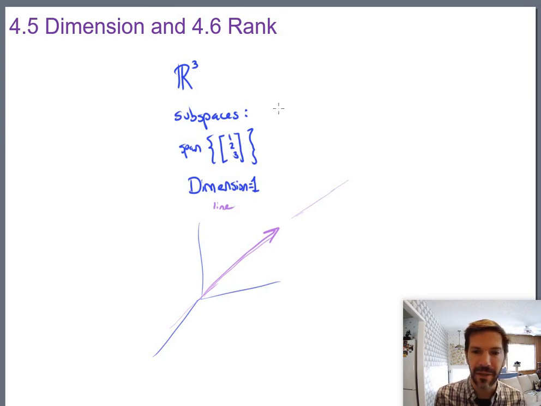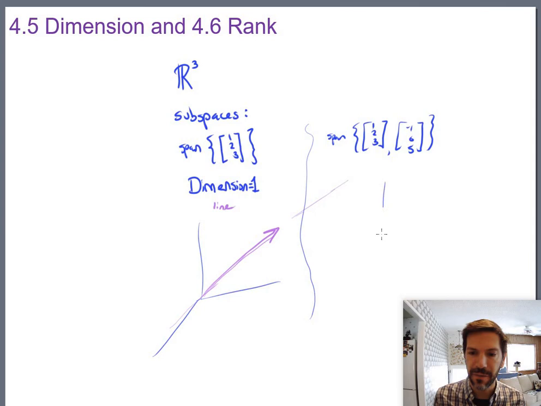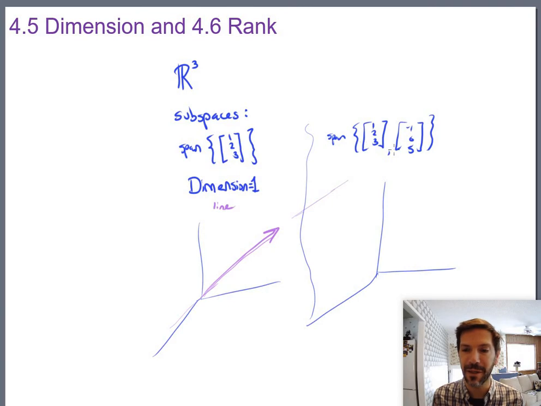Now let's imagine a subspace that has dimension 2. So like the span of 1, 2, 3 and -1, 0, 5. Now you've got 2 directions that you can move in, and your span can be the combination of any of those 2 vectors.